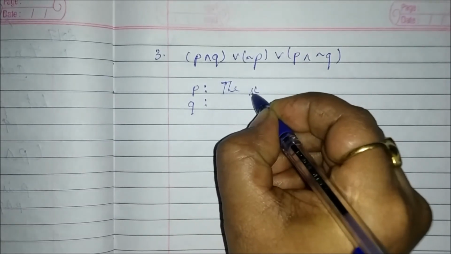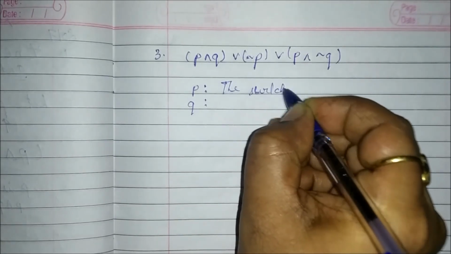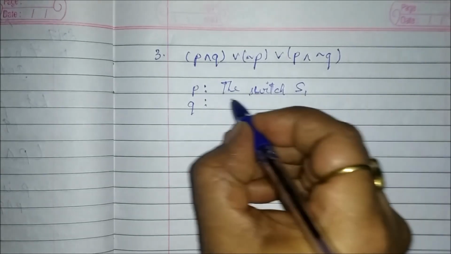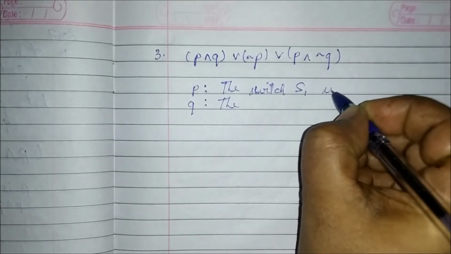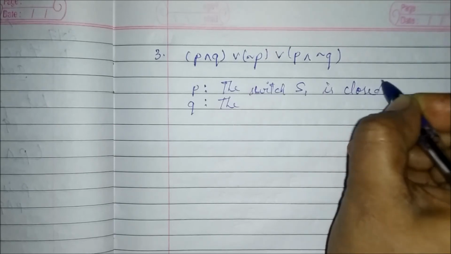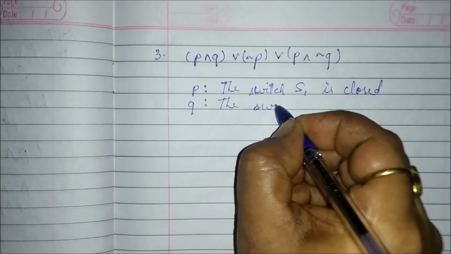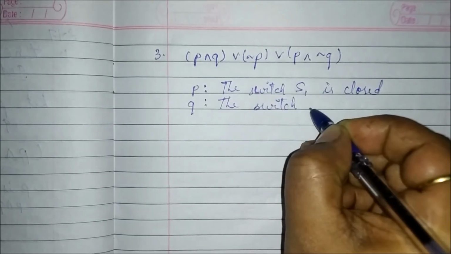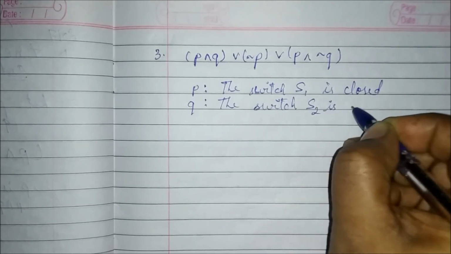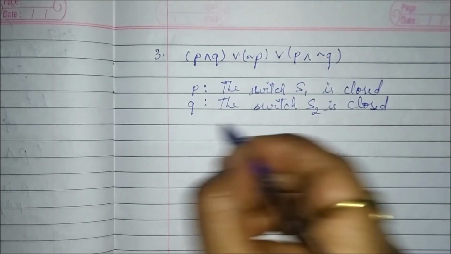P means the switch S1 is closed. Q, the switch S2 is closed.